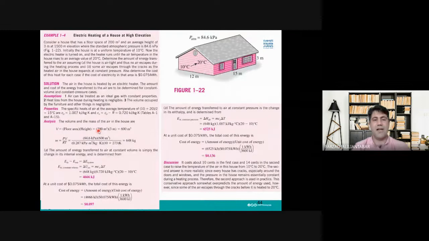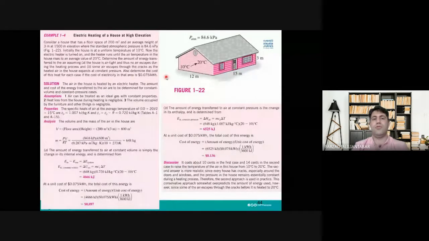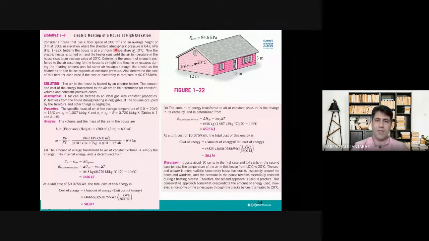Okay, the other example is about the electric heating of a house at high elevation. So you know that in high elevation, the temperature is lower. So we need to use energy to increase the temperature of the houses in those areas. So consider a house that has a floor space of 200 meter square.